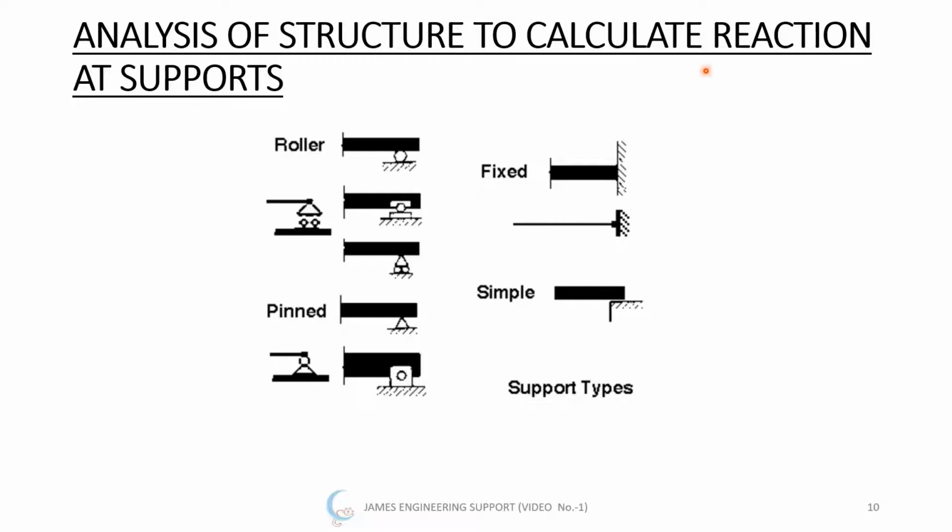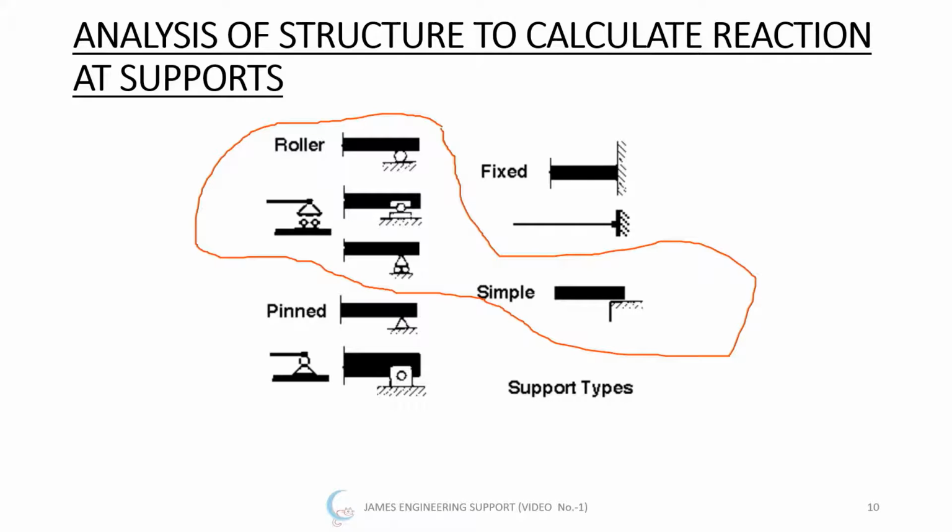So let us start with the support types. These are the roller support. This is the way the textbook denotes a roller support. This is one way, this is another way, and here we have mentioned a simple support. Simple and roller support are one and the same thing. It is only capable of taking vertical loads.